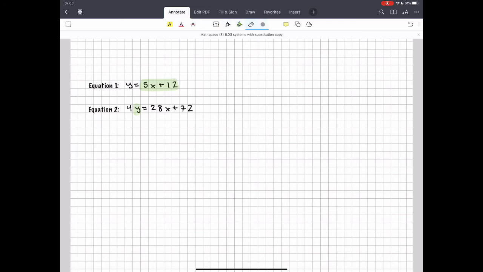So in equation 2, we have 4 times y. So in this case, after substitution, 4 times 5x plus 12 equals 28x plus 72. So I replaced the y with 5x plus 12.